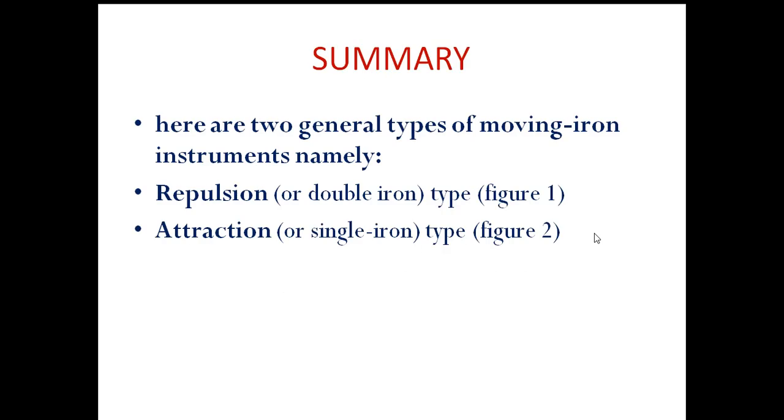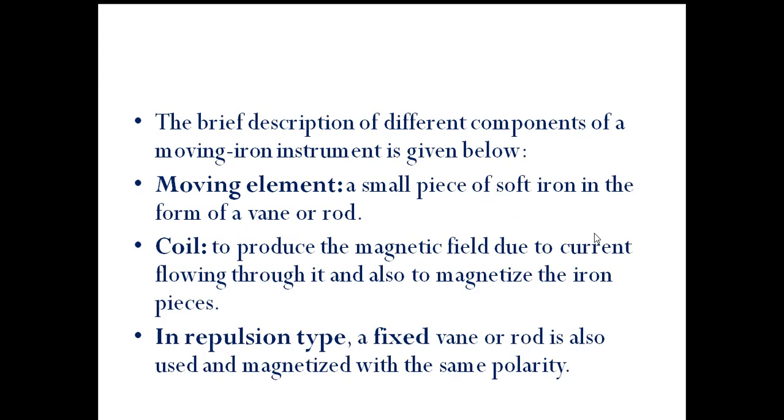So in this class, we have mainly discussed the construction and working of the moving iron type instrument. Mainly two types: repulsion type and attraction type. In attraction type, we use a single iron; in repulsion type, we use double iron.